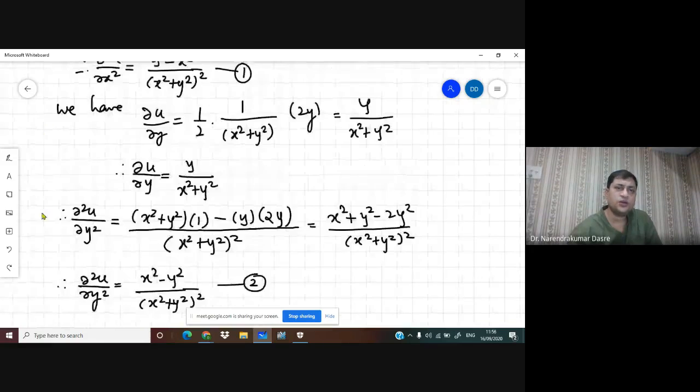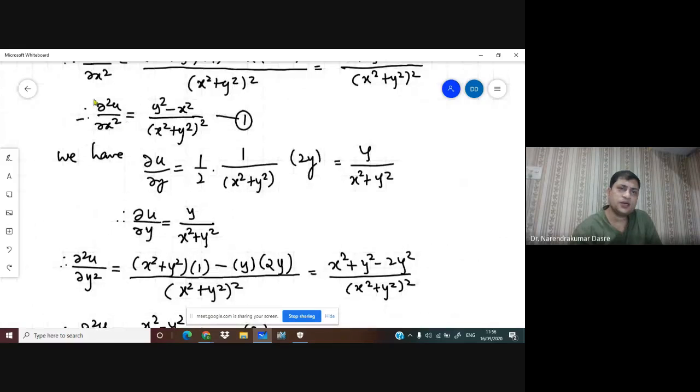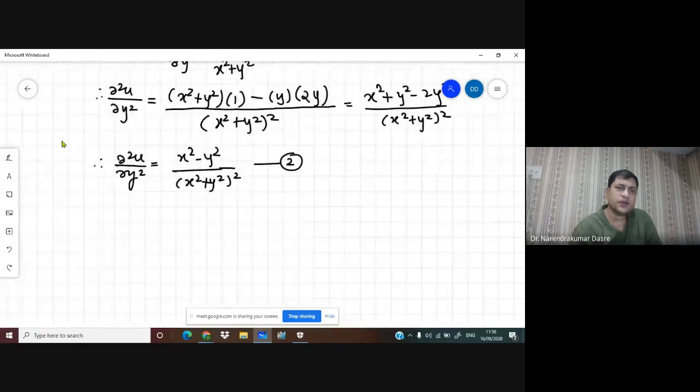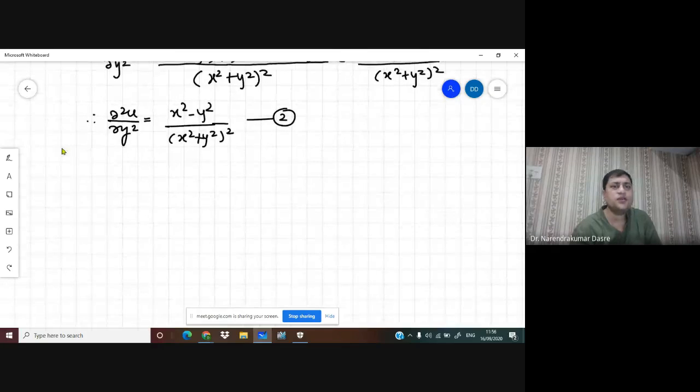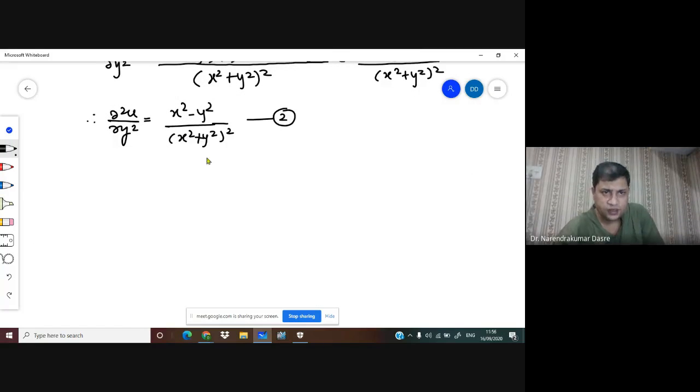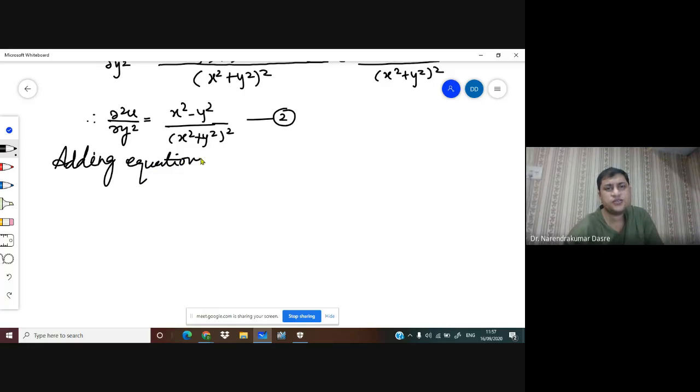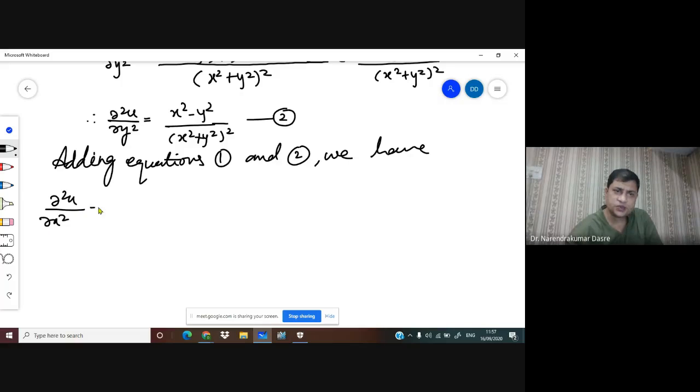Okay. So see, we got the second order derivative with respect to x. We got the second order derivative with respect to y, and hence we can have the addition of these two. So let us see what happens to the addition. So what we can do is adding equations 1 and 2. We have ∂²u/∂x² plus ∂²u/∂y² is equal to.